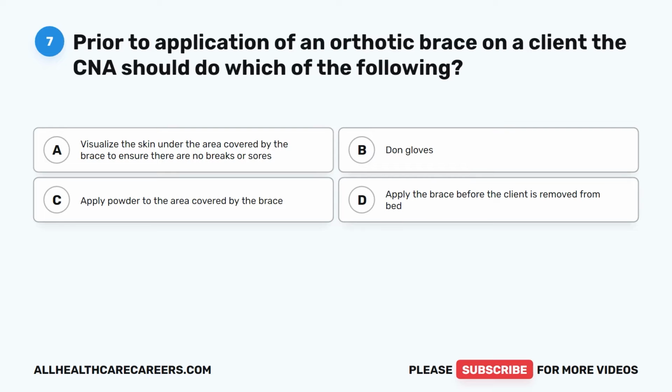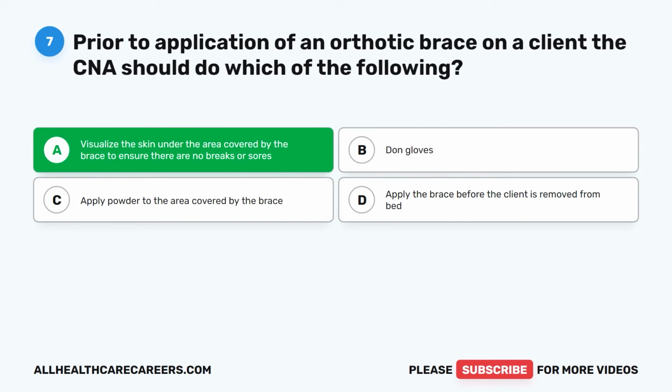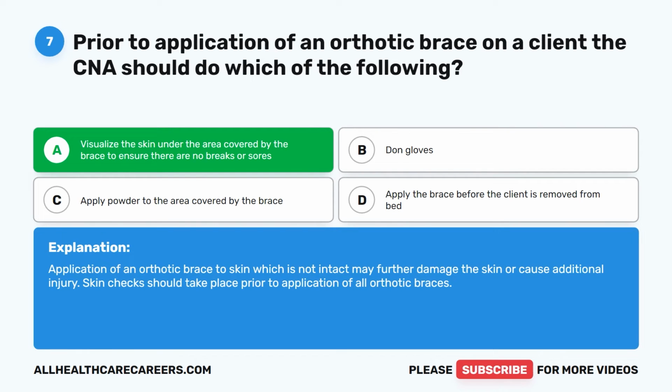D. Apply the brace before the client is removed from bed. The correct answer is A. Visualize the skin under the area covered by the brace to ensure there are no breaks or sores. Application of an orthotic brace to skin which is not intact may further damage the skin or cause additional injury. Skin checks should take place prior to application of all orthotic braces.